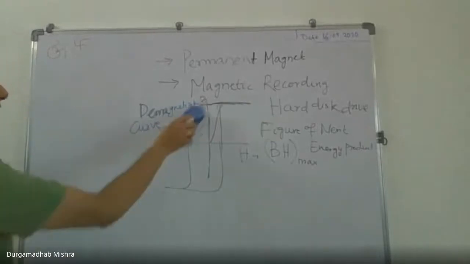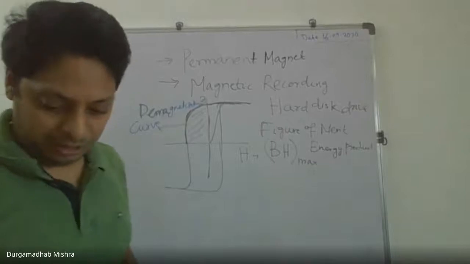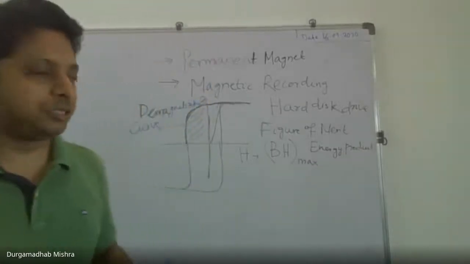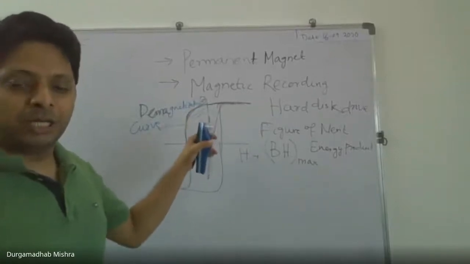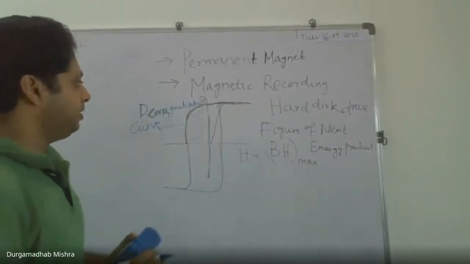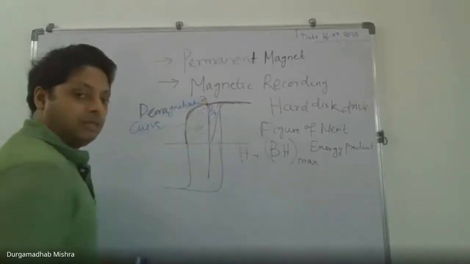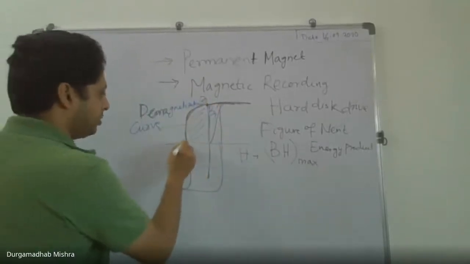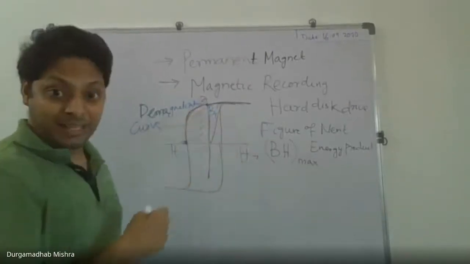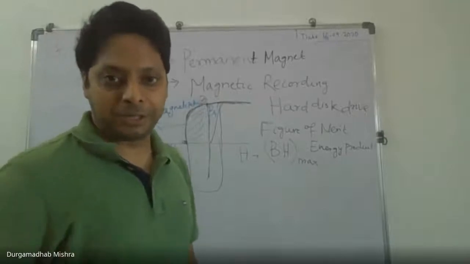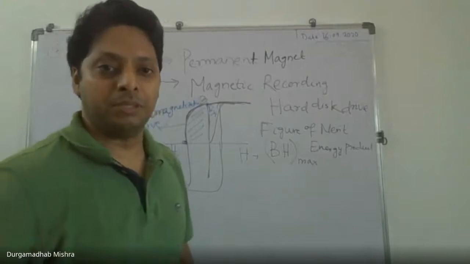Okay, so this is a demagnetization curve. So why is this quadrant interesting? It's because the shape of the curve tells you the residual, the remanence, what is the coercivity, and how fast or how slow the magnet will become demagnetized.